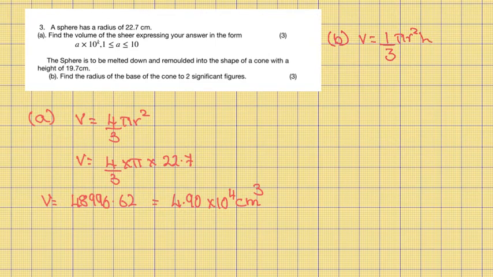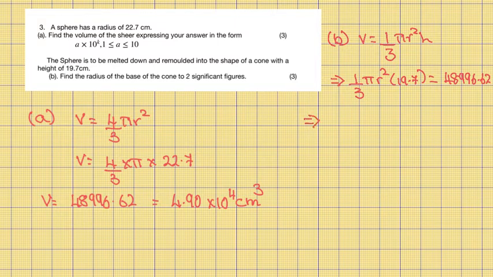And we know that the volume of the cone is equal to the volume of the sphere. Therefore, we know that 1/3 pi r squared, we know the height is 19.7, is equal to 48996.62.